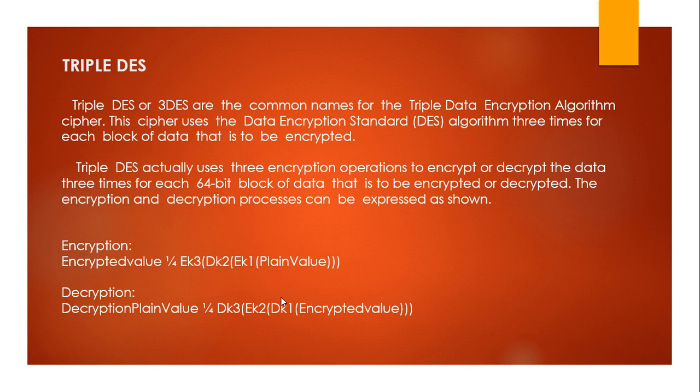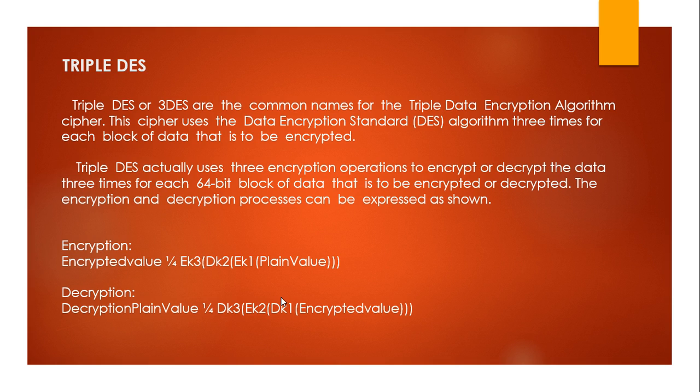The cipher uses the Data Encryption Standard algorithm three times for each block of data that is encrypted. As the definition says, each block of data will be encrypted three times.